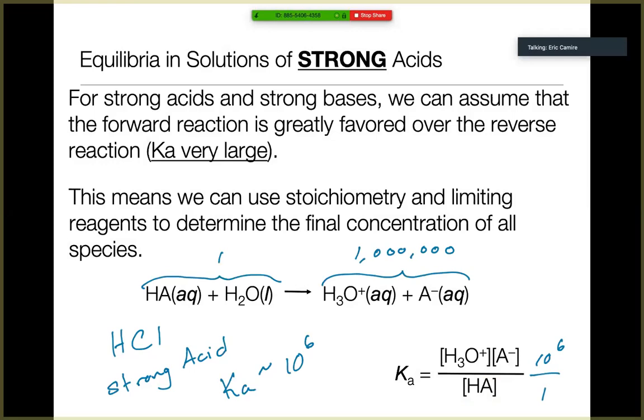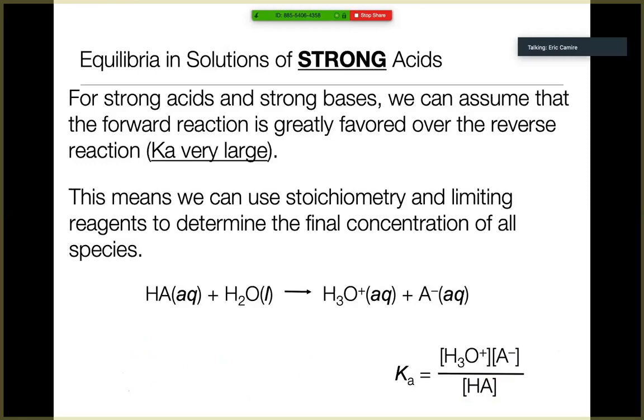So it's basically saying 99.999, don't quote me on that one, percent is in the product. So it's effectively saying approximately 100% of the reaction goes to completion. And that's why for strong acids, we usually only draw a unidirectional arrow and not an equilibrium arrow, though if you're being super specific, yes, there is an equilibrium.